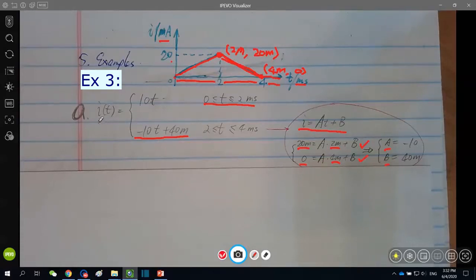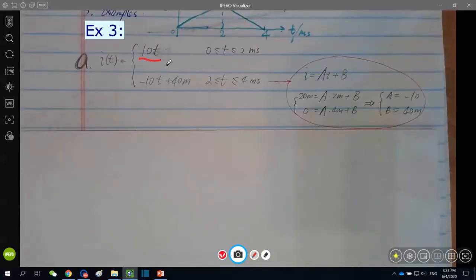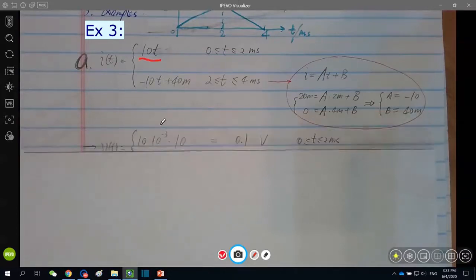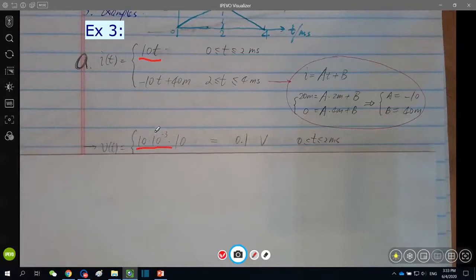So with the expression of I, we go ahead to find the voltage, which equals the inductance times the derivative of I with respect to time t. For the first division, I equals 10t, so the voltage equals inductance L times the derivative of 10t with respect to t, which is 10.